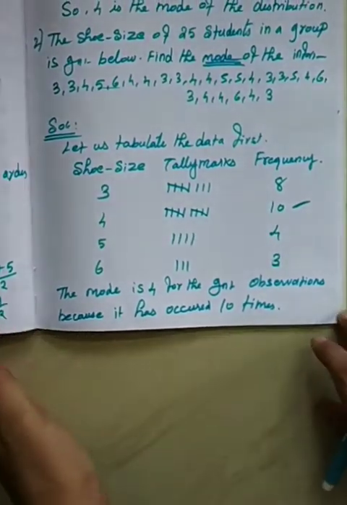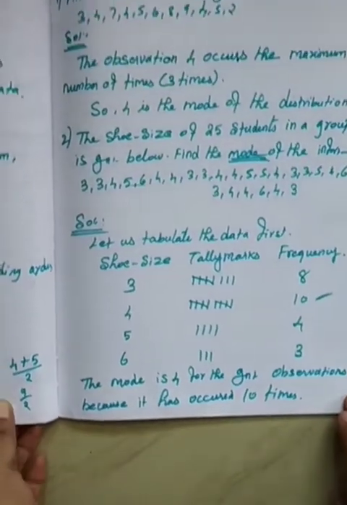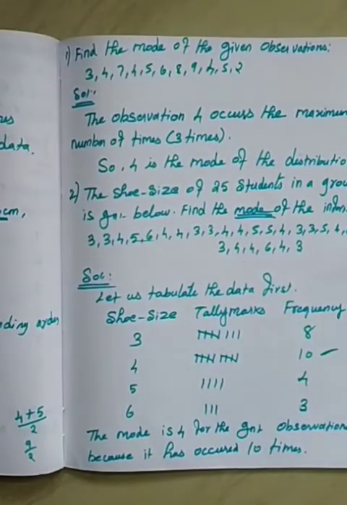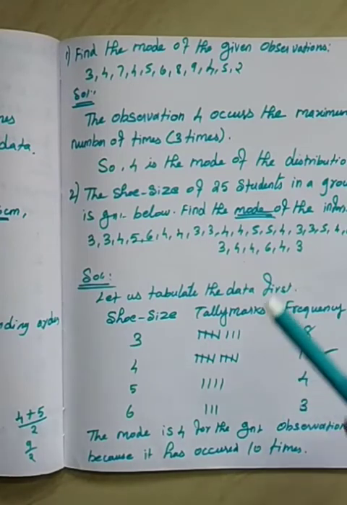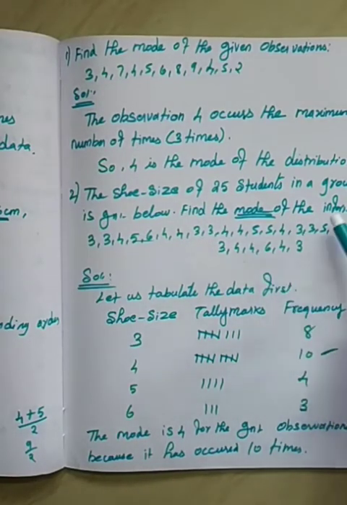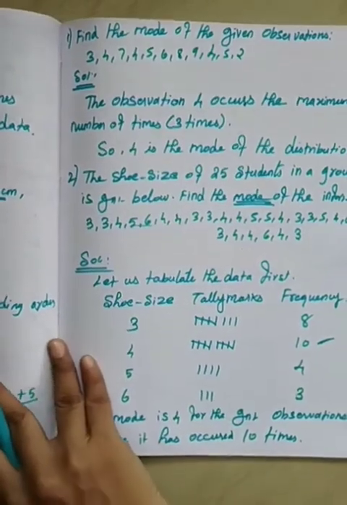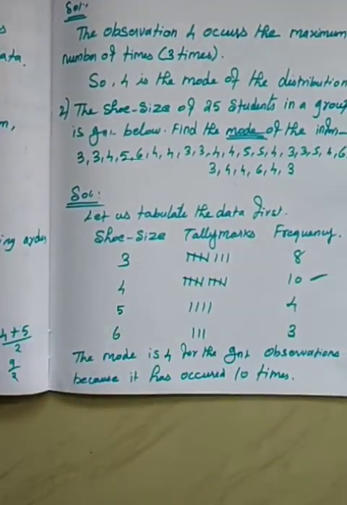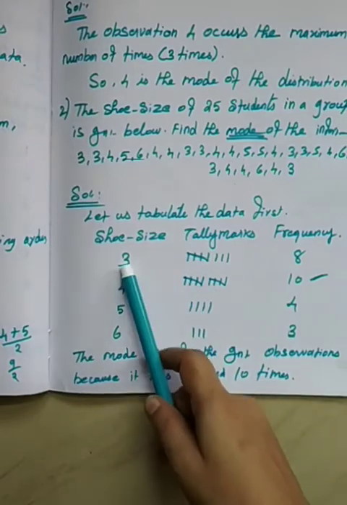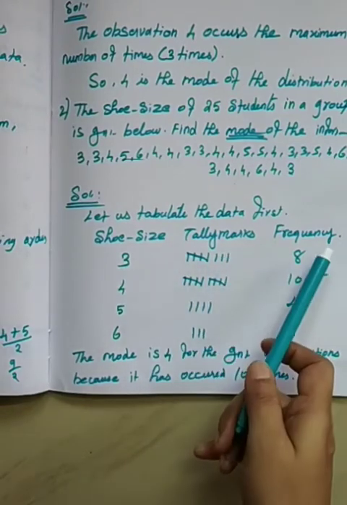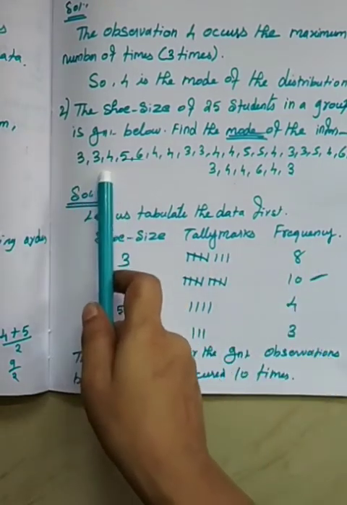Everybody clear? Okay. See here, what is the question? The shoe sizes of 25 students were given below. Now you have to find the mode of the information. First of all you have to tabulate the data. Write the shoe size, tally marks, and frequency.